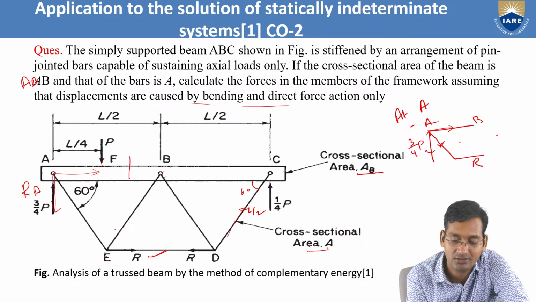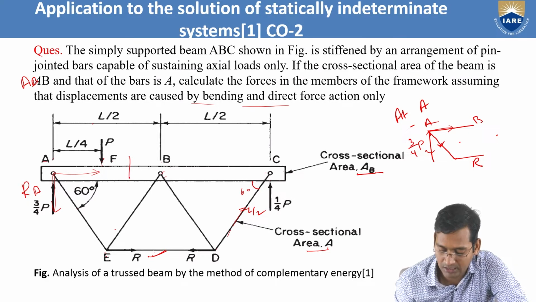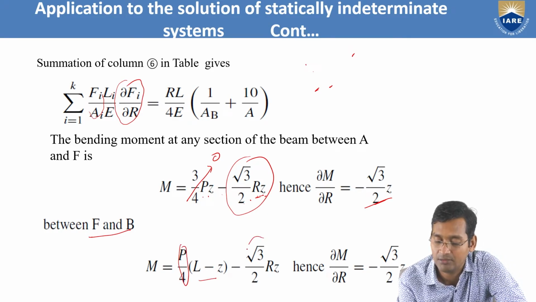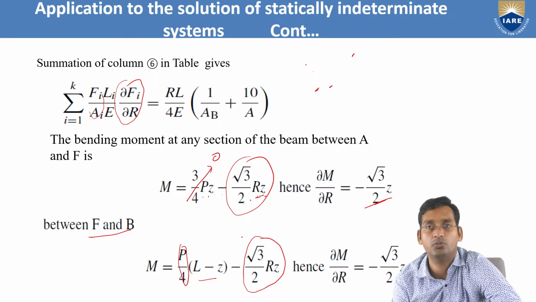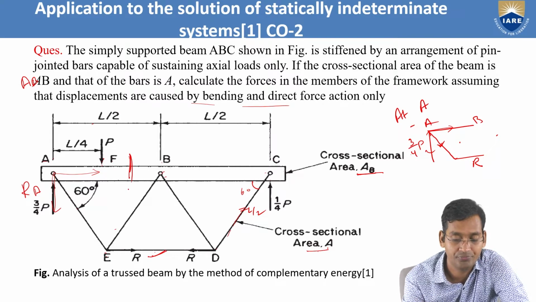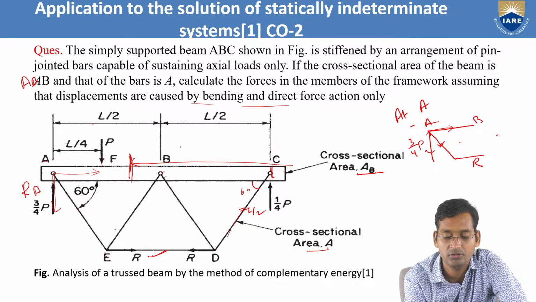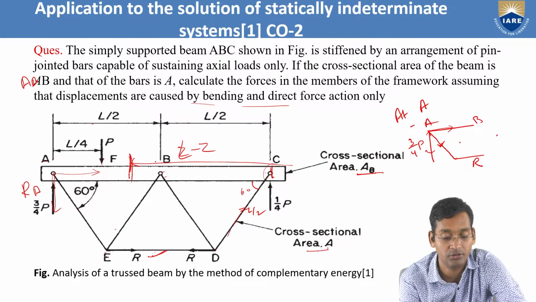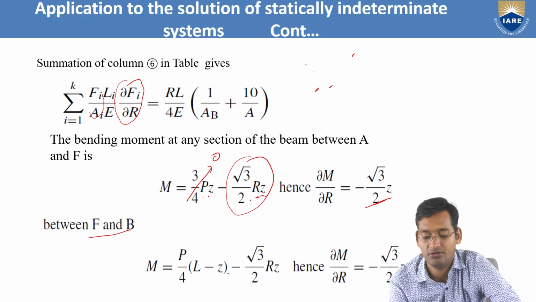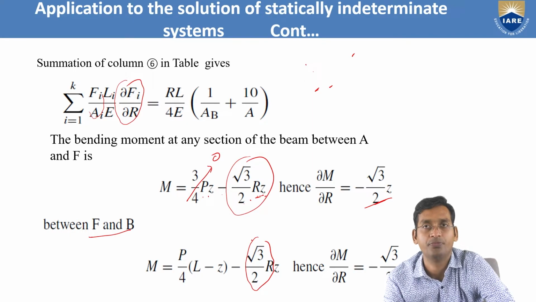L minus Z. If suppose this length is L, then for A to B that will be L minus Z. So P by 4 from this side, that reaction, into L minus Z, minus the same, minus root 3 by 2 R into Z. So 1 by 4 into L minus Z, because now we have to consider this also, and then for this one, minus P by 4 L minus Z, and for this again minus root 3 by 2 R into Z.